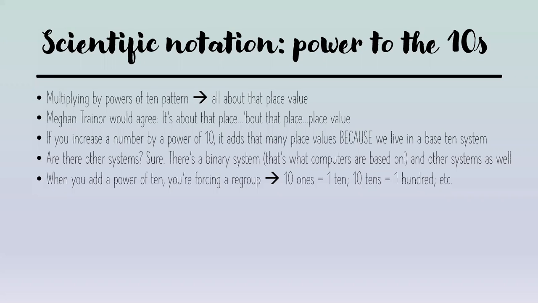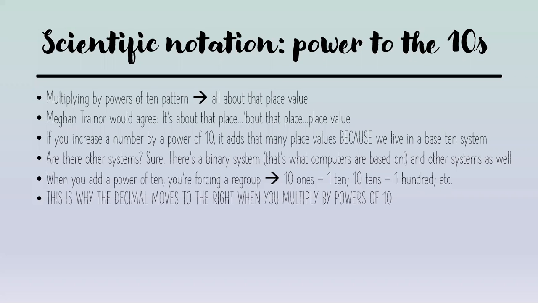Or if I have 100 pennies or 100 ones, I can exchange that for $1. So when we're talking about powers of 10, we're talking about adding a place value or subtracting a place value, depending on multiplying or dividing. And that's really just regrouping when we multiply and divide.